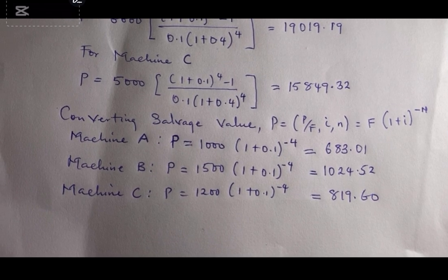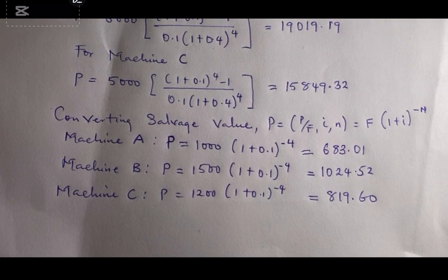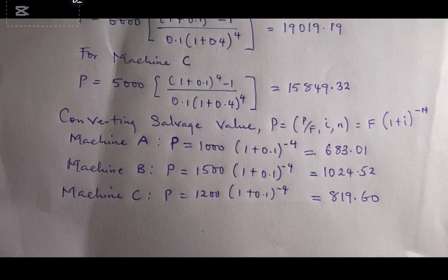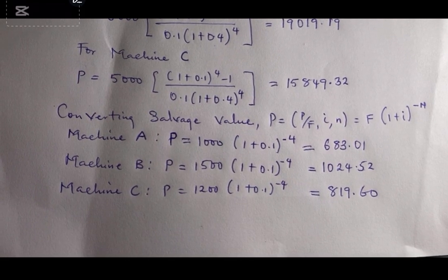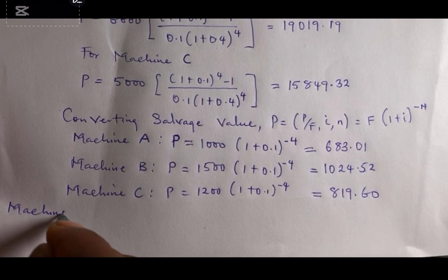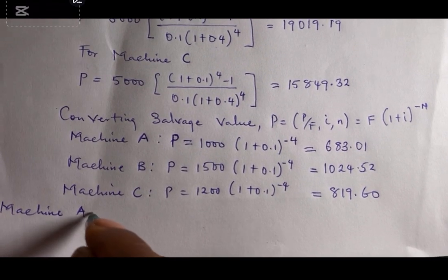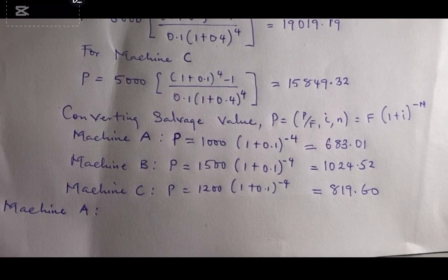Now that we are done converting all the cash flow to their present worth, we are going to sum all of them for each machine to determine which machine is recommendable. Starting with machine A, in summing your cash flow, your income is positive, your disbursement is negative.